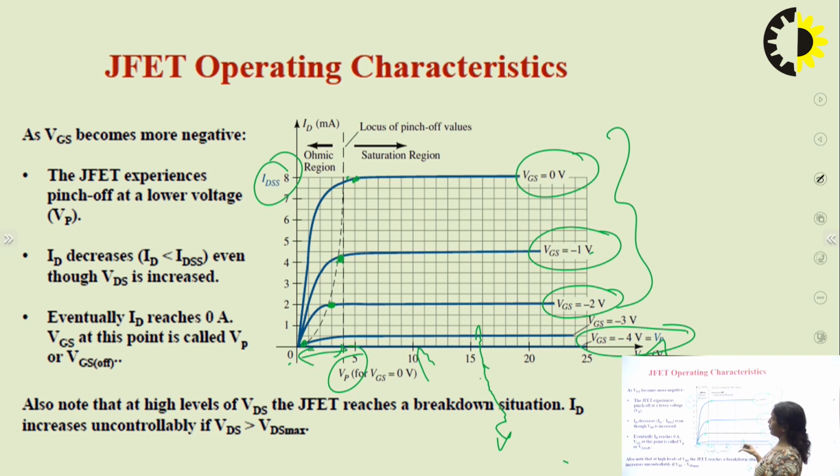So this is the region of operation where your device acts as a voltage amplifier, a high current voltage amplifier, you can say. And in the ohmic region, it acts as a variable voltage resistor.